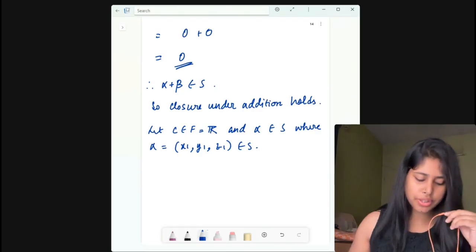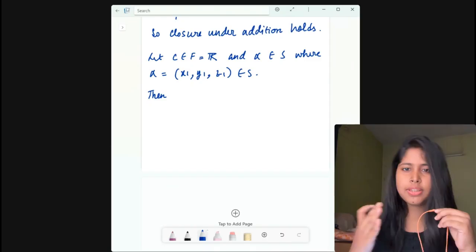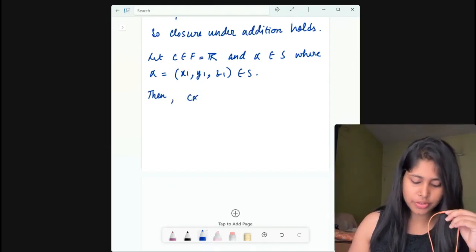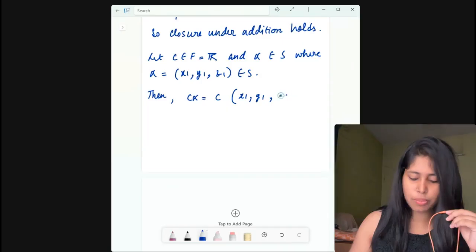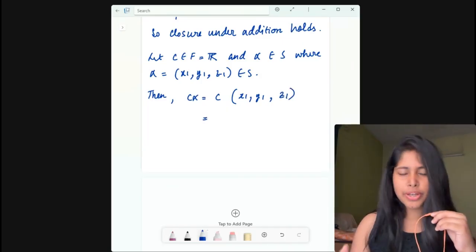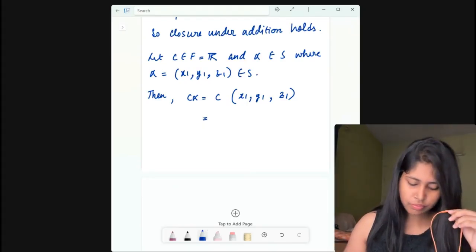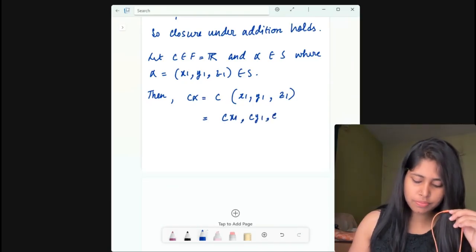Now see, what did I say? We will multiply the scalar c with the vector. Then c into alpha is equal to c into (x1, y1, z1). If you now open the bracket and simply multiply it, what do you get? (cx1, cy1, cz1).